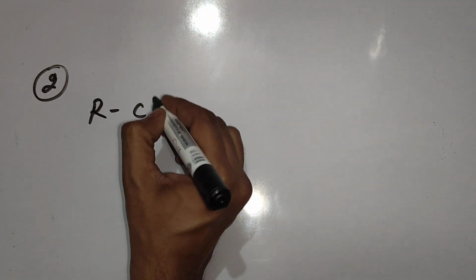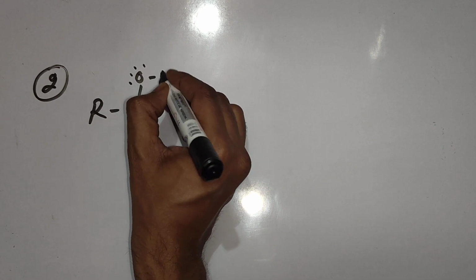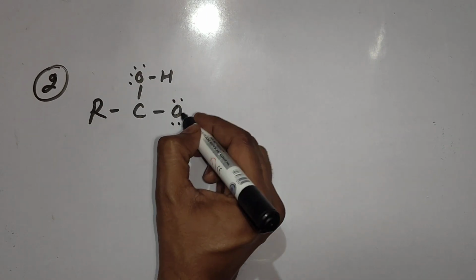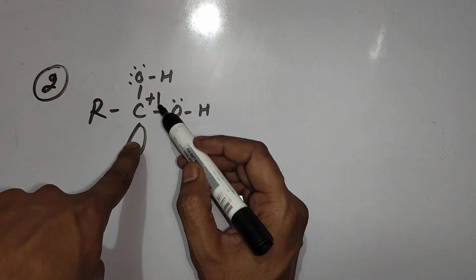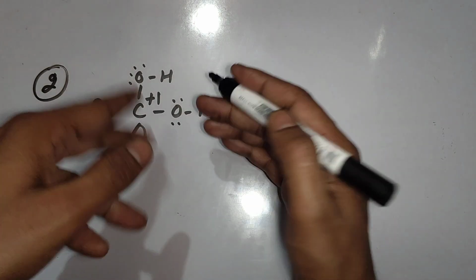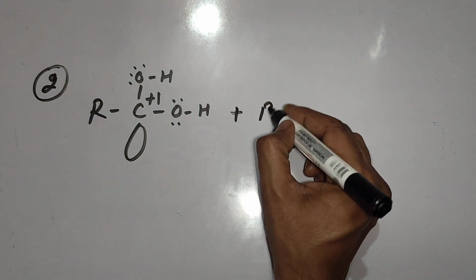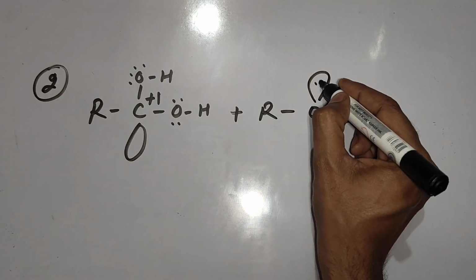Second step, the carbocation which is generated, this one, is also an electrophile looking for electrons. Who can provide electrons? Alcohol molecules. Why?